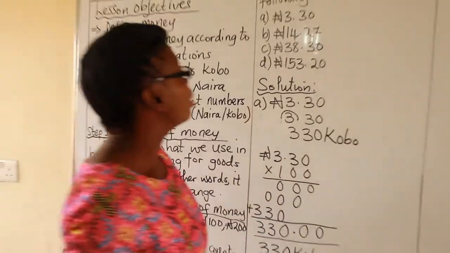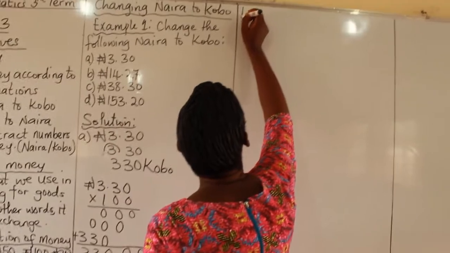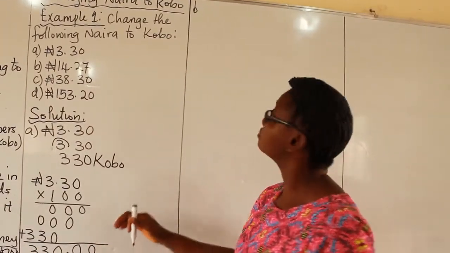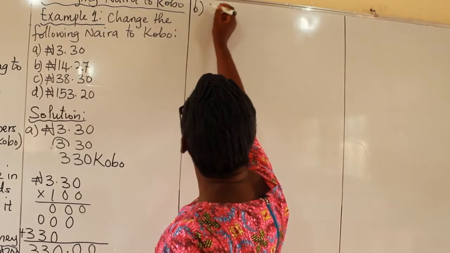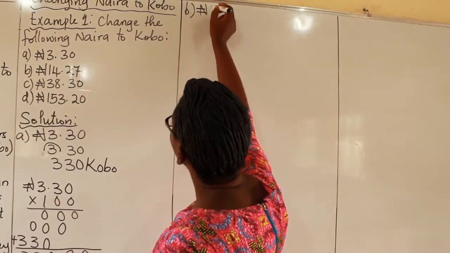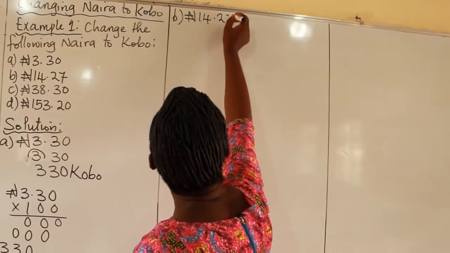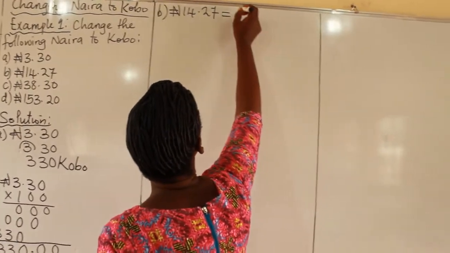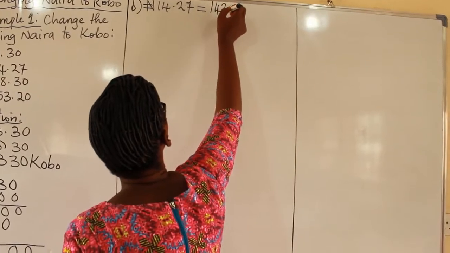So we take number B. For B, I will not go into multiplying this, but if you want to do it, you can use it. So for B, you have to change 14 naira 27 kobo to kobo. That simply will give us what? 1, 4, 2, 7.